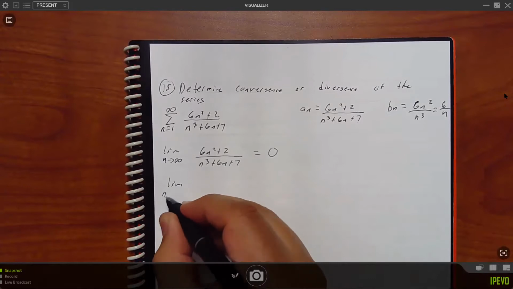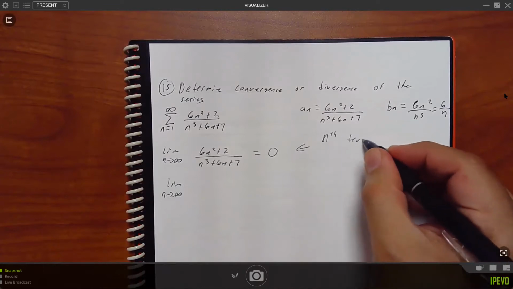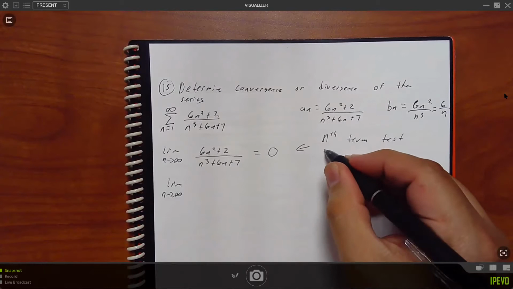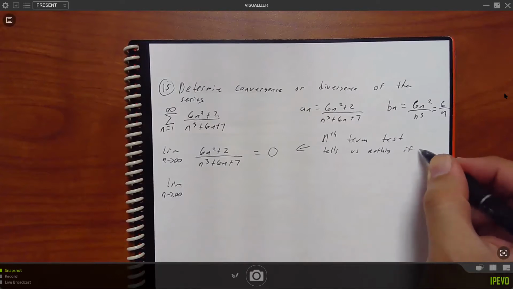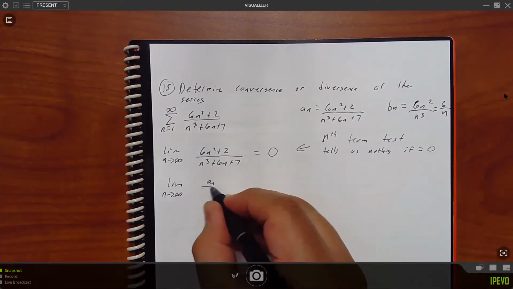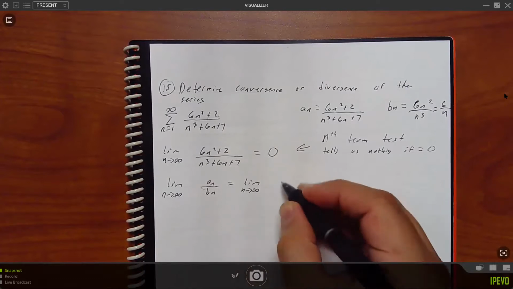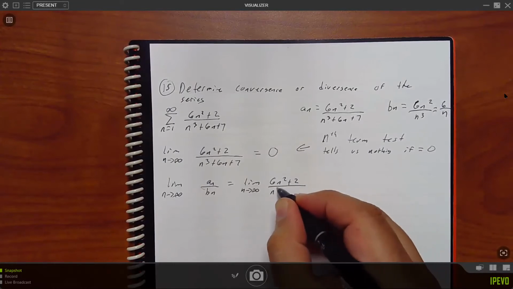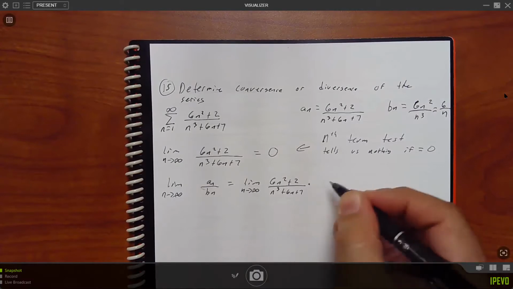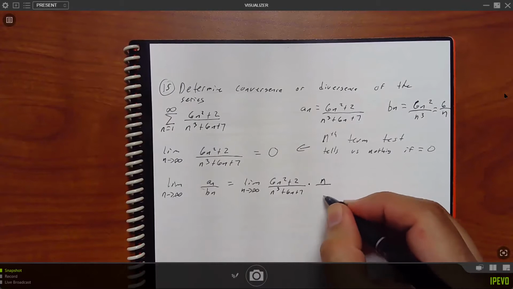But the limit comparison said that if you divide them, so divide A and B. So that would be the limit of 6n squared plus 2 over n cubed plus 6n plus 7 times n over 6.